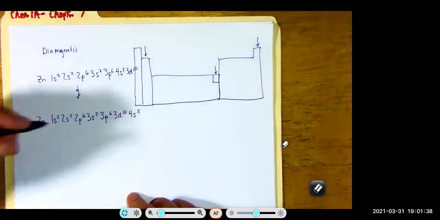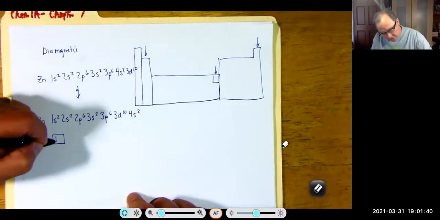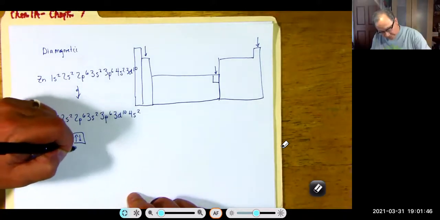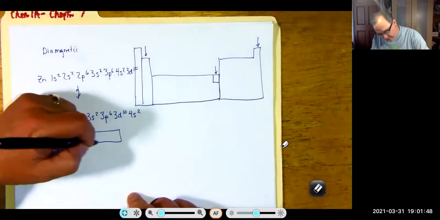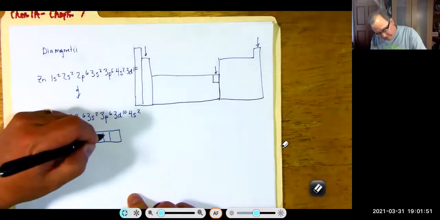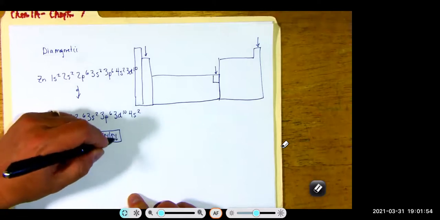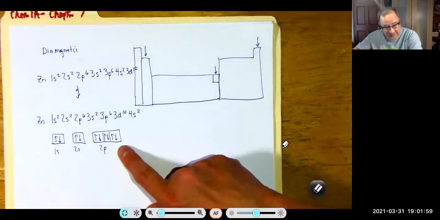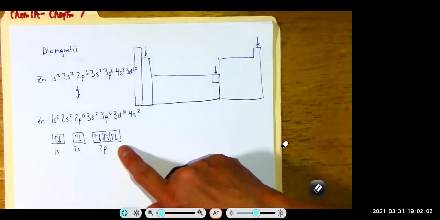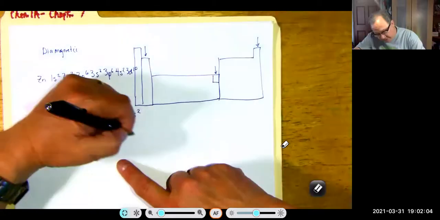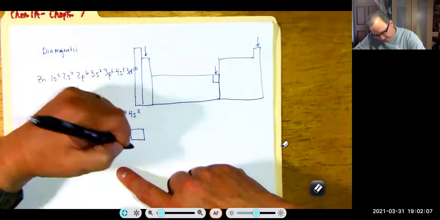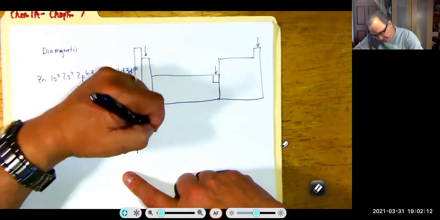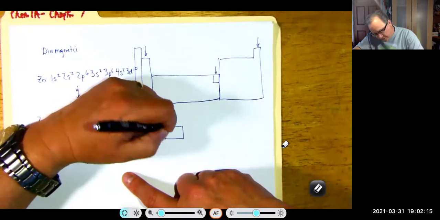When we look at this 1s subshell, there's 2 electrons in it. When we look at the 2s, there's 2 electrons in it. When you look at the 2p, there's 6 electrons in it. And is that right there argon? This would be neon. Argon would be this. Whoops, I made a mistake. That's supposed to be 3s, 3p.